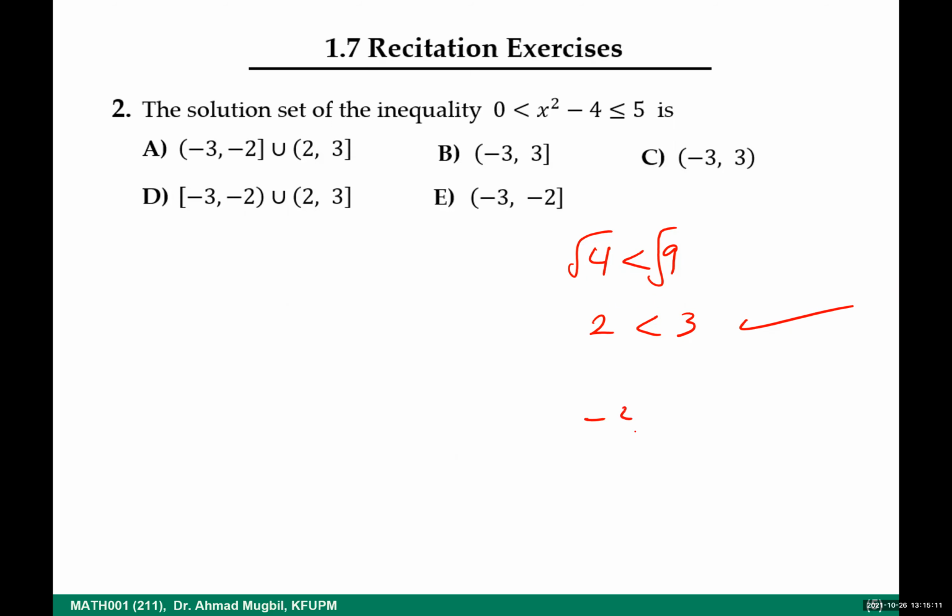But if you have -4 less than 9, it is true that -4 is less than 9. Now take the square root of both sides. This is not real. This is 3, but this is of course 2i. It is not real. We cannot compare between real numbers and complex numbers.